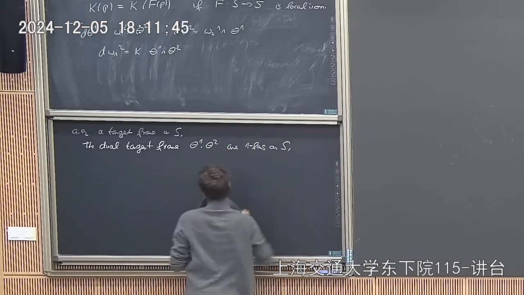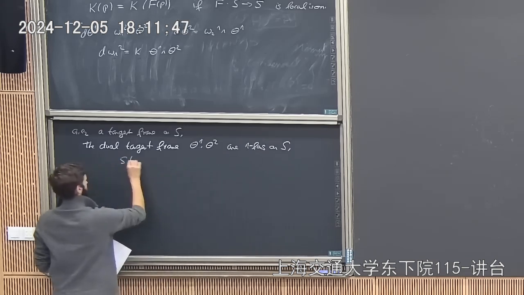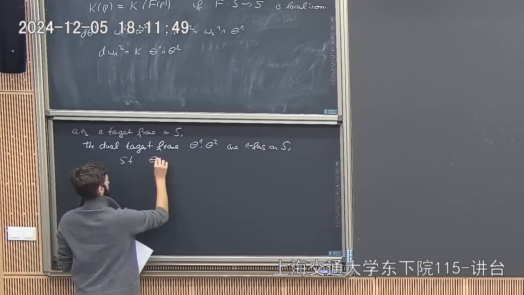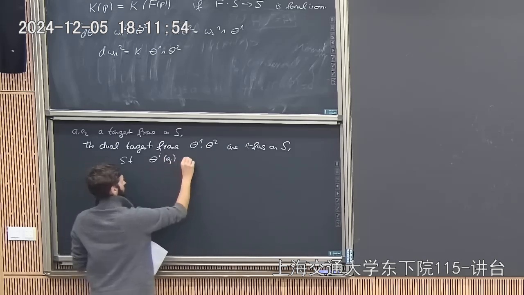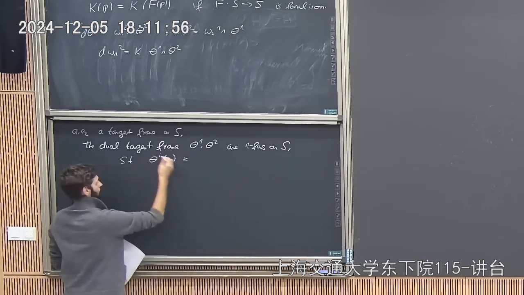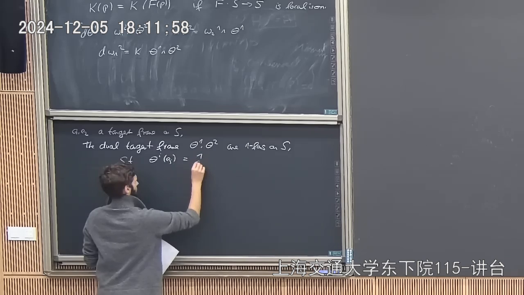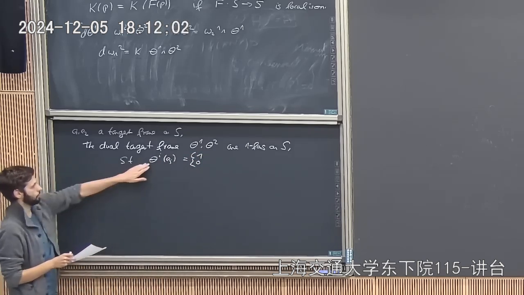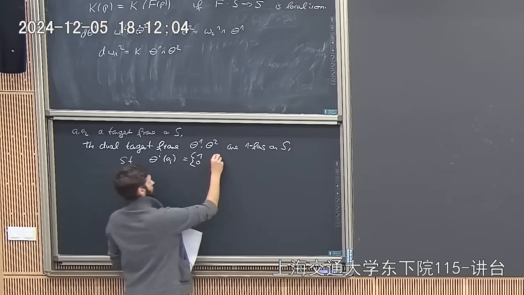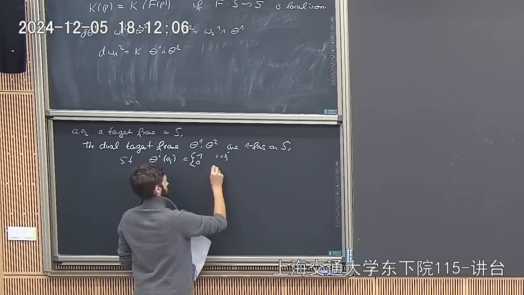on S such that they satisfy the equations that you would expect: if you plug the J-th vector into the one form theta I, you get 1 only if I and J are equal, and otherwise you get 0.